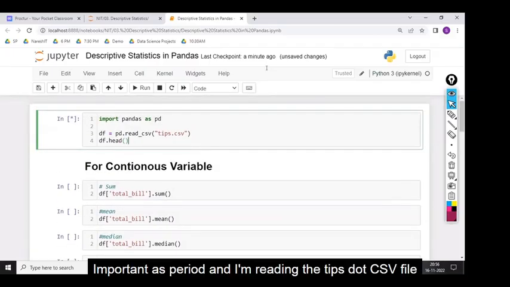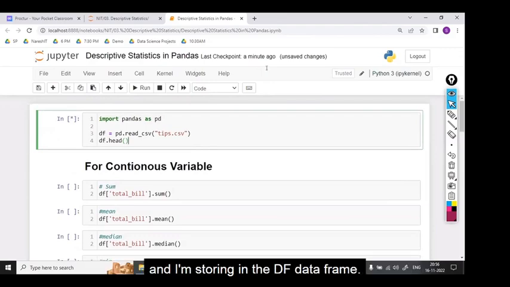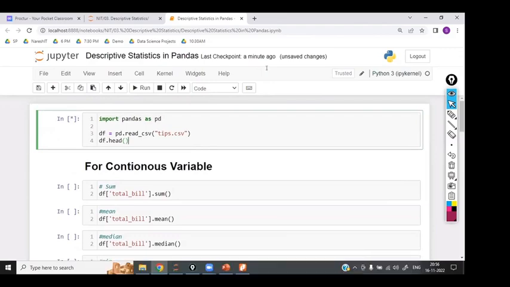I import pandas as pd, and I'm reading the tips.csv file and storing it in the df data frame.